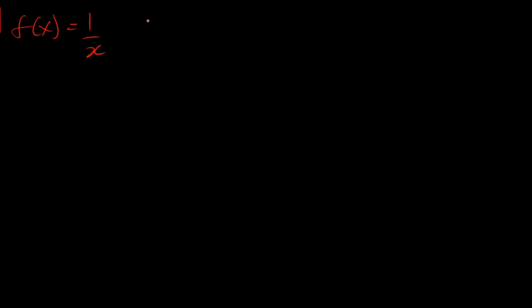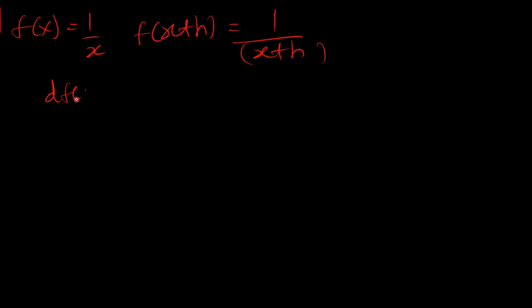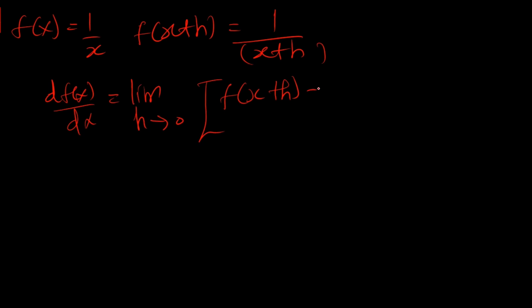Without wasting much time, we know that f of x plus h will be equal to 1 over x plus h. We put our formula down. The f prime of x will be equal to the limit as h approaches 0 of the function f of x plus h minus f of x all over h.